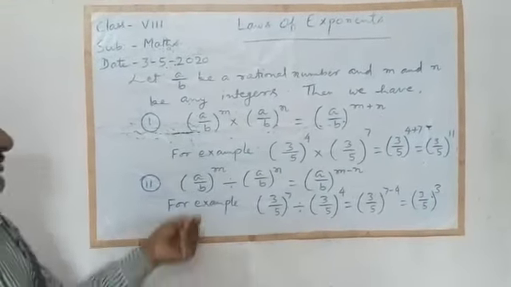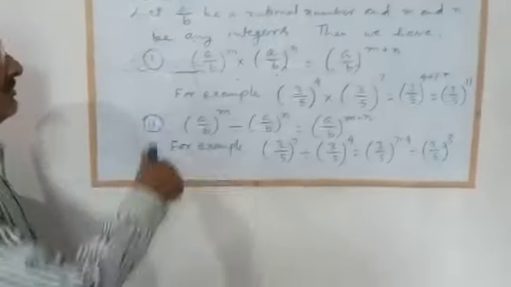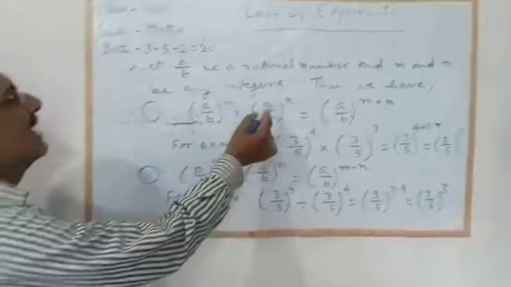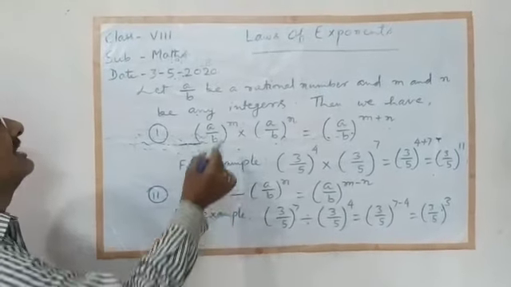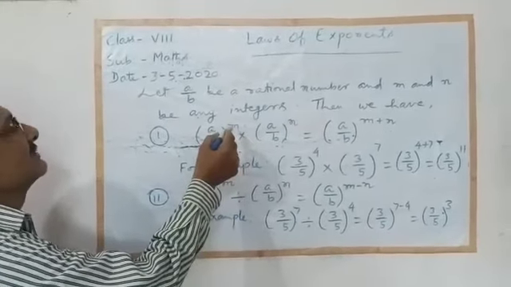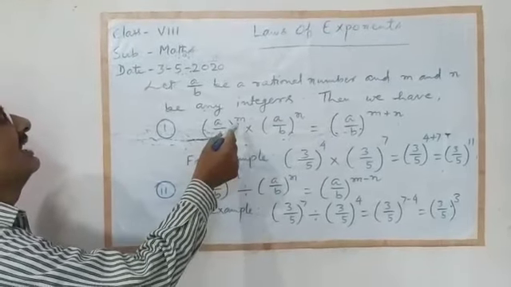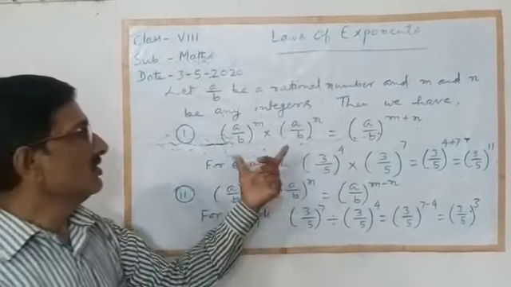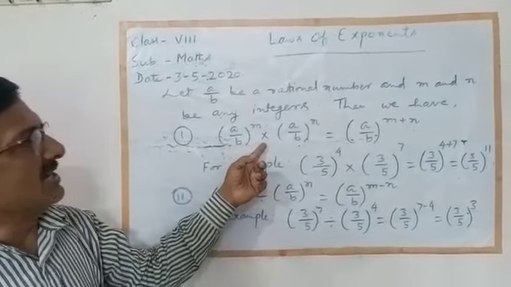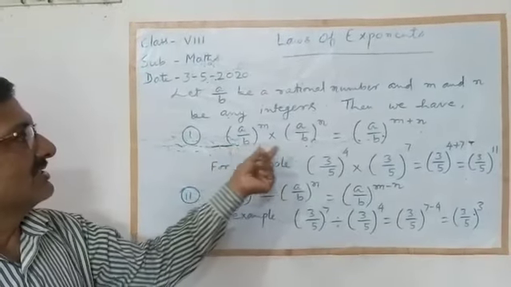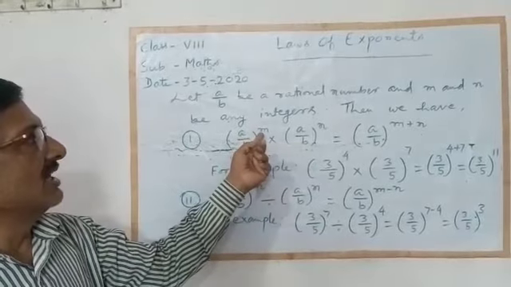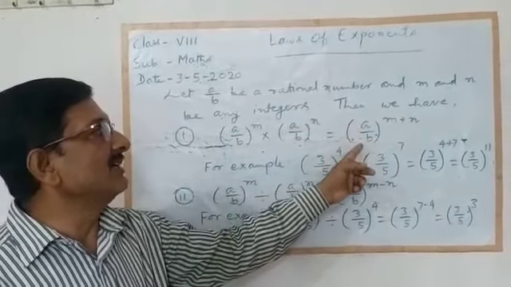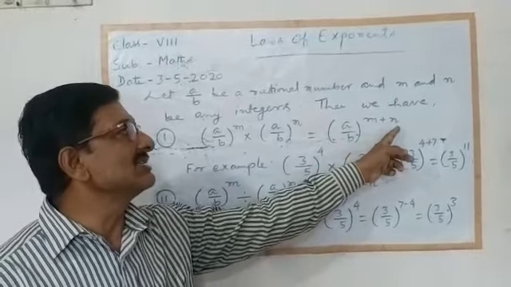Here we are observing that the base is the same, a by b is the base, but its exponent is different. Here the exponent is m, here the exponent is n. So in case of multiplication having the same base, both the exponents will be added. So we will get (a/b)^(m+n).